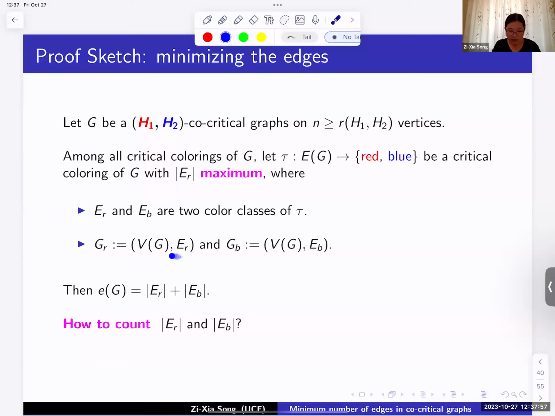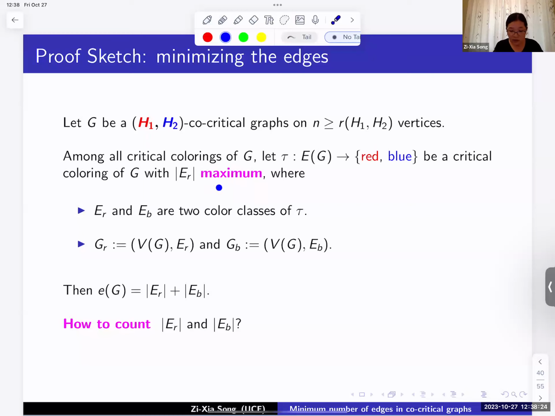These are spanning graphs: I call them the red graph and the blue graph, with all edges colored red or blue in my graph G. To find the edges in G, all I need is to find the red edges, find the blue edges, then add up. So I just need to estimate the red edges and the blue edges.